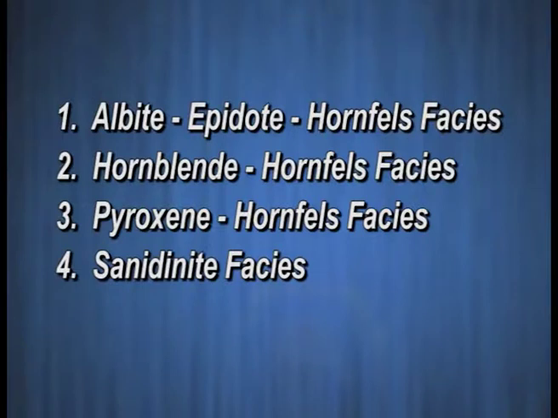The Abukuma type is named after the Abukuma region in Japan and is similar to the Buchan type of the Dalradian. The facies of low pressure are listed below in order of increasing temperature of metamorphism, that is, first, Albite, Epidote, Hornfels facies; second, Hornblende, Hornfels facies; third, pyroxene Hornfels facies; and fourth, sanidinite facies.